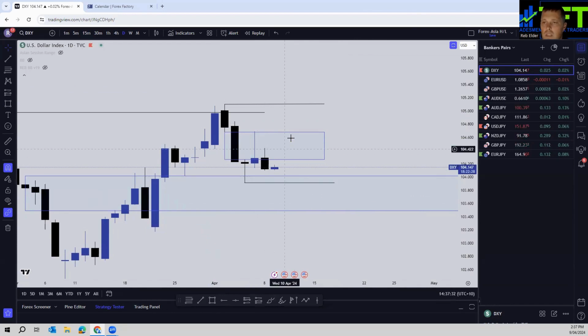So what we would like to see here is, where are we going to go from this sort of daily range? We've got the high that's been set here and the low that's been set here.